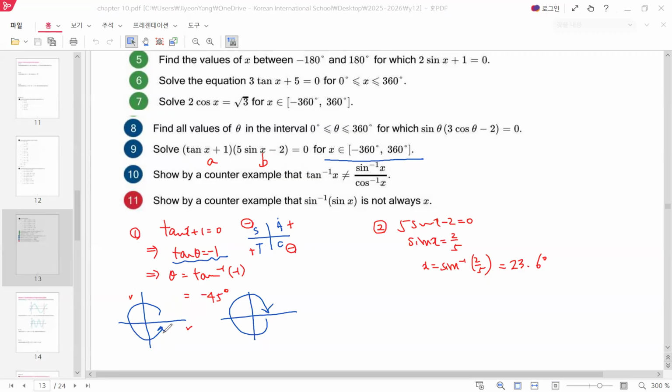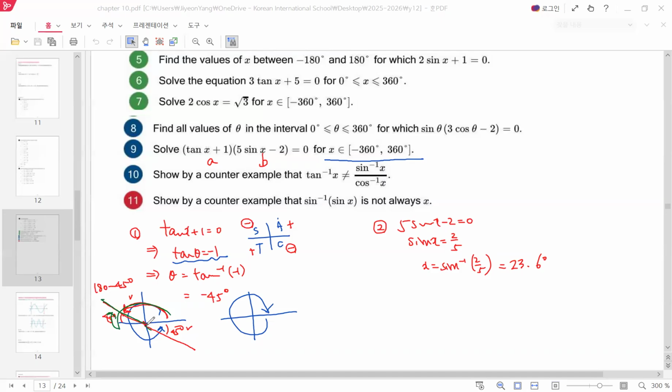So this angle and this angle. Okay. So negative 45, it means that this one is 45. You need to find the angle here, 45. So firstly, positive direction, it means that 180 minus 45, right? To represent this line, 180 minus 45 degrees.